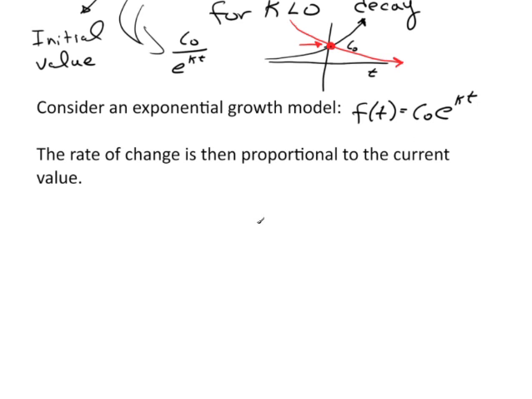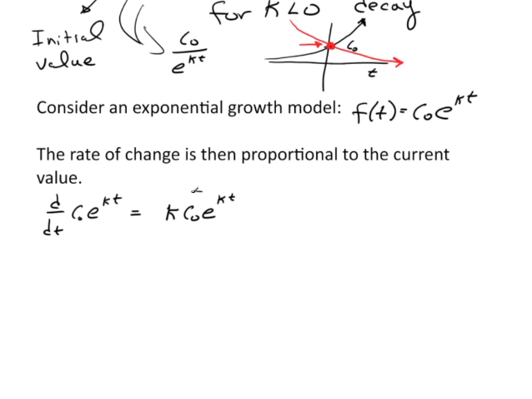And that's kind of obvious as soon as we take a derivative. If I take a look at d dt of this value c naught e to the kt, well, that derivative is going to be k times c naught e to the kt.